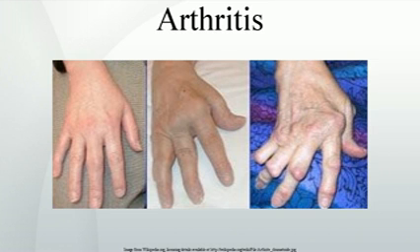Joint pain can also be a symptom of other diseases. In this case, the arthritis is considered to be secondary to the main disease.